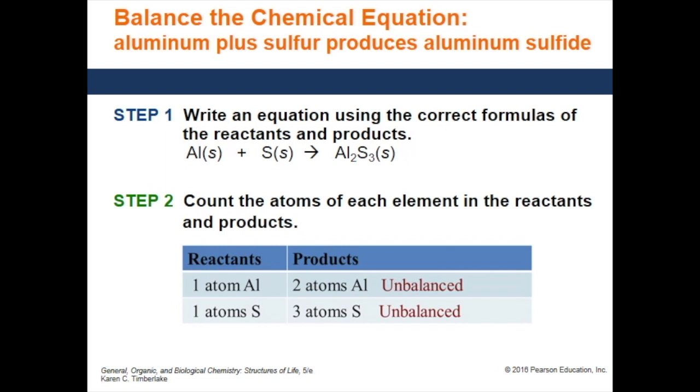If we are looking at this reaction, we have to first come up with the chemical formulas for each of them. What is aluminum? Aluminum is Al. It's a metal, so it will be solid. Plus sulfur produces aluminum sulfide, which means both aluminum and sulfur are our reactants. Sulfur is also found as a solid. It produces what? It produces aluminum sulfide.